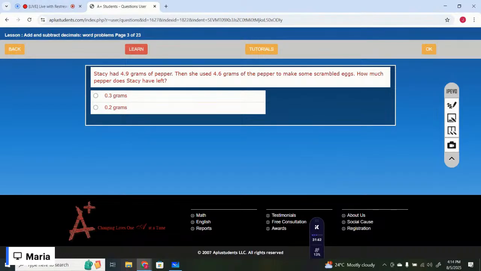Stacky had 4.9 grams of pepper. Then she used 4.6 grams of the pepper to make some scrambled eggs. How much pepper does Stacky have left?